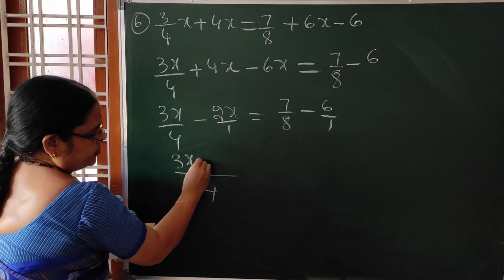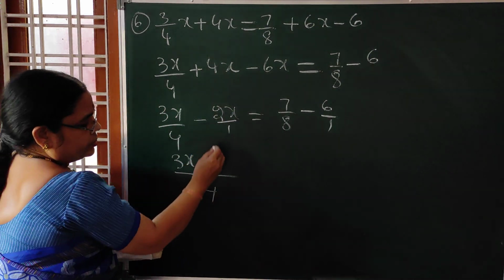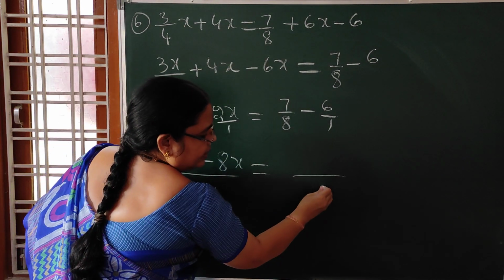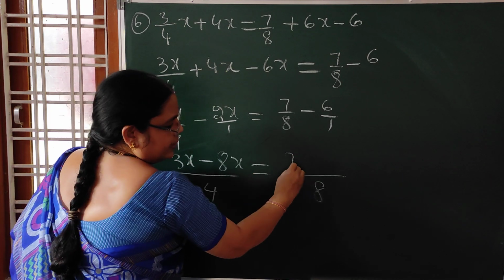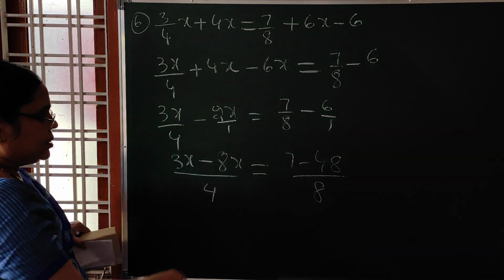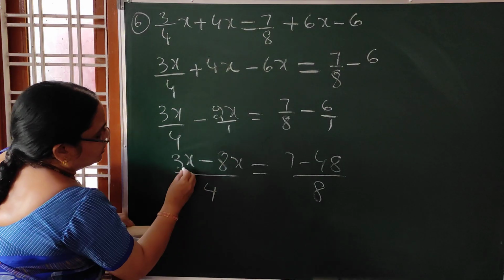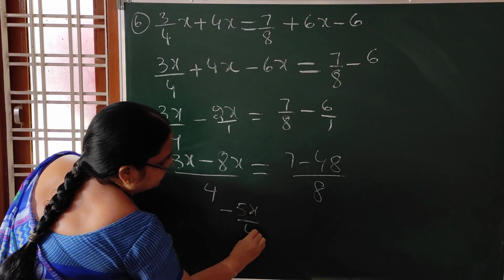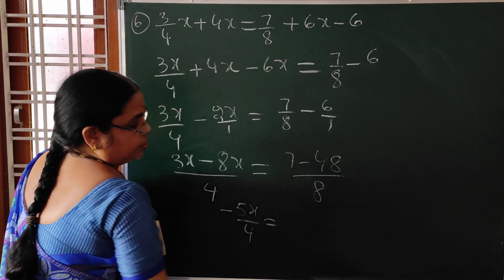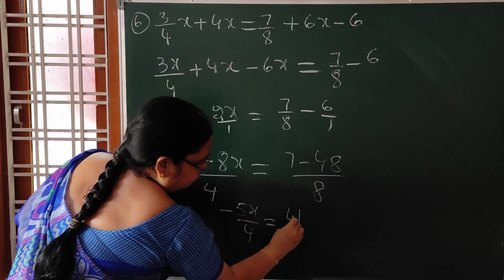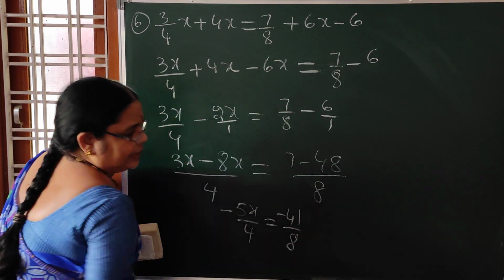So 3x, 1 fours are 4, 4 twos are 8, 8x is equal to, 8 is LCM here, 7 minus 8 sixes are 48. So 3x minus 8x is how much? Minus 5x by 4 is equal to 7 minus 48, which is minus 41, by 8.